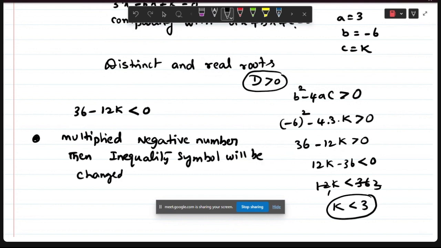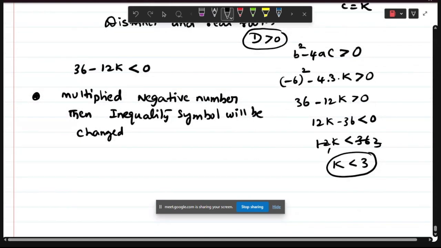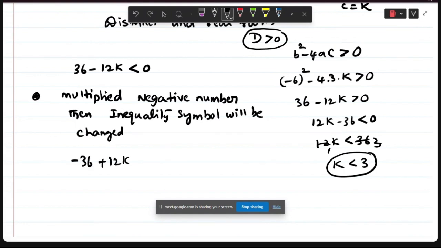We discussed already, but you are upset. Okay, no issue. If you multiply by minus, we get minus 36 plus 12k. Less than means here greater than 0. Suppose less than means greater than; greater than means less than only. Opposite side. If here less than is there, here use greater than.